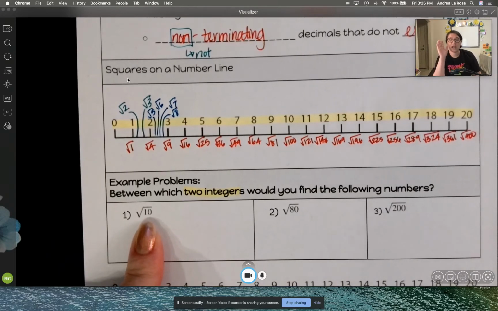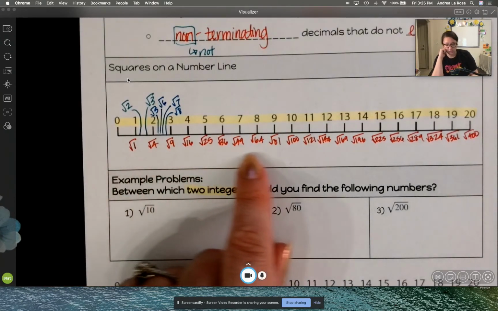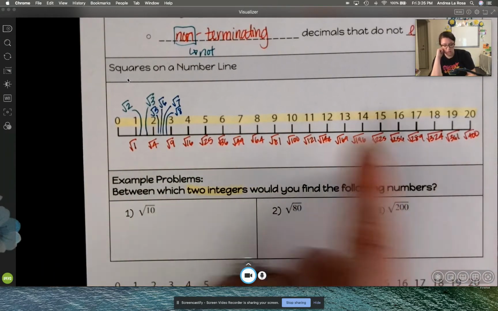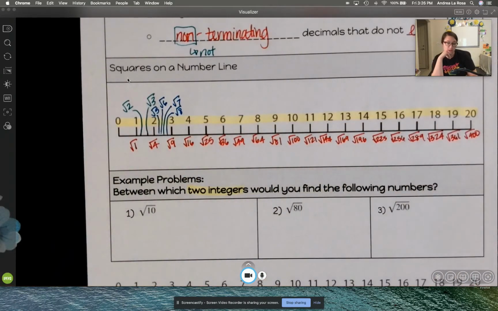So pause, and just think about that for a second. Knowing all those perfect squares, which 2 numbers is the square root of 10 going to be between in that yellow? I'll give you a second. When you have an answer, give yourself a little light bulb so I know you're ready for me to keep going.